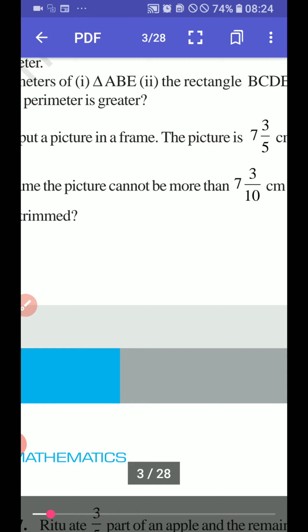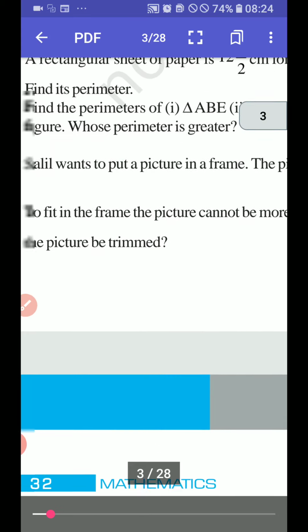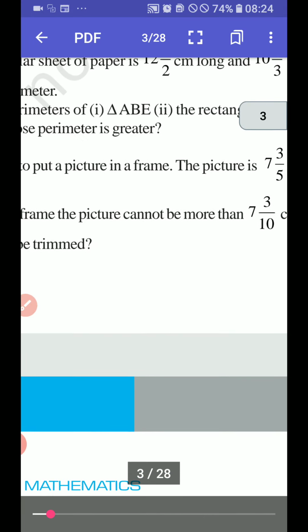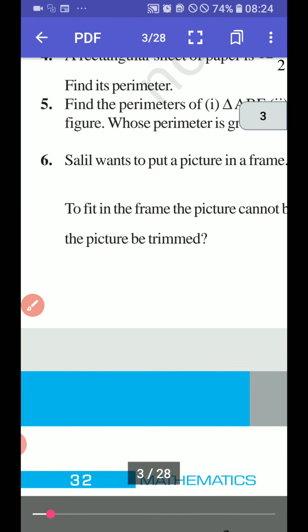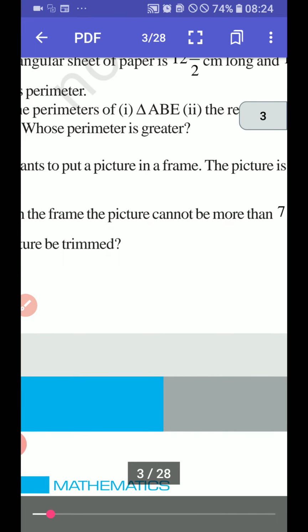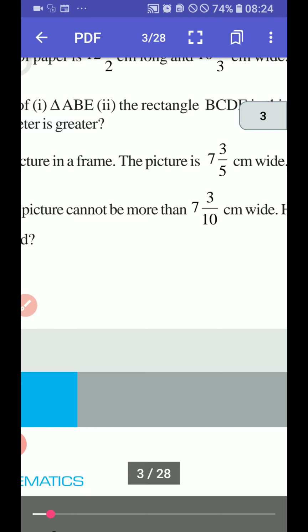Means, my dear student, we have been given a picture and a frame. The width of the picture is 7 whole 3 by 5, right? But to fit in the frame, the picture cannot be more than this, so you can fit it only if the picture size is not more than this.